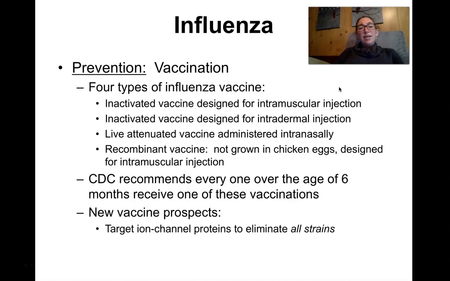So it's not 100% effective. In terms of vaccines that we have, it's probably the least effective vaccine in that plenty of people who get vaccinated still get the flu. But it is our best protection that we have against flu.